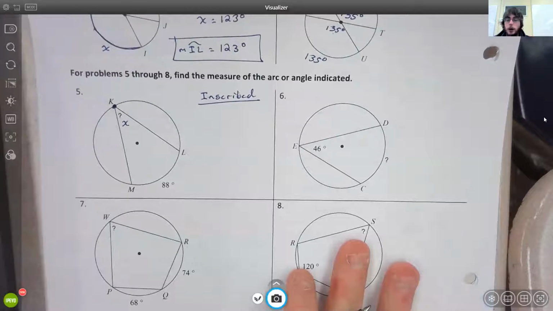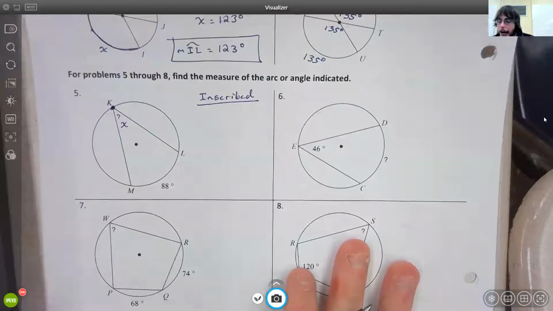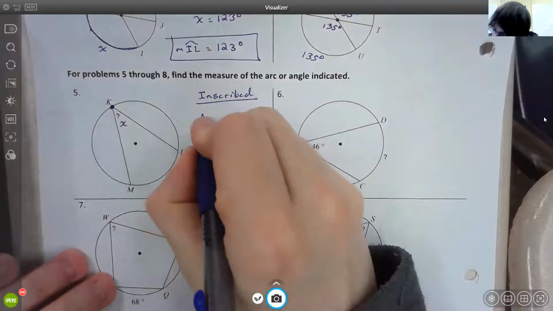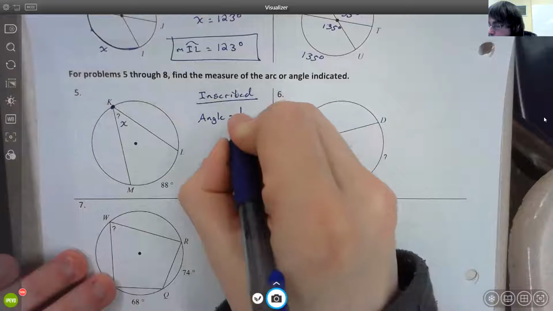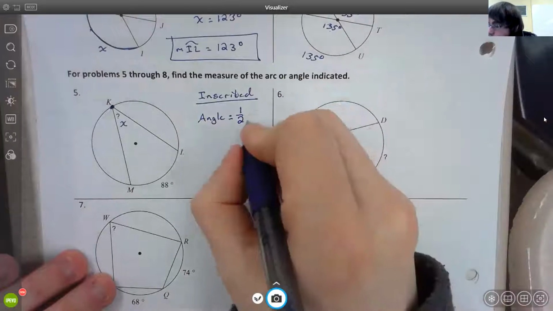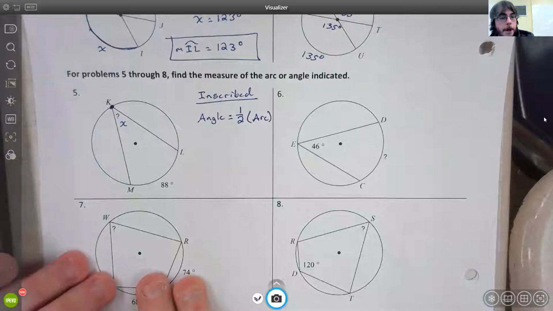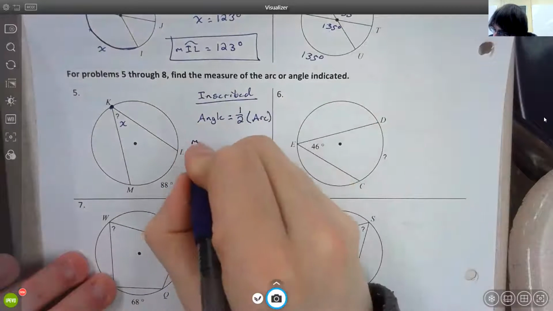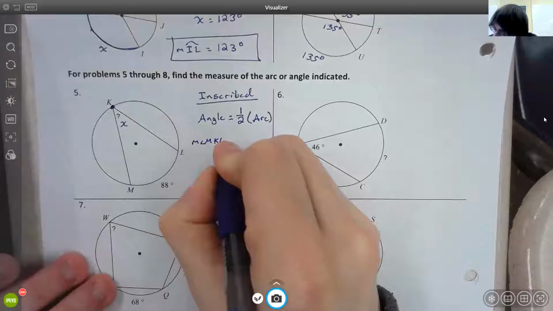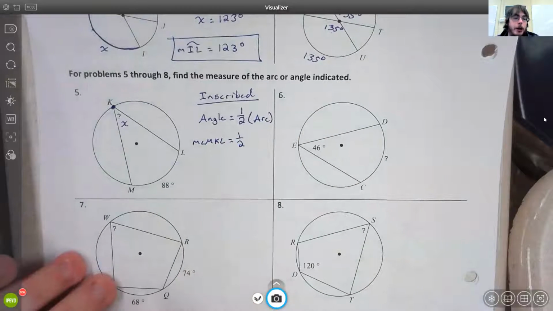Now, from our previous lesson, we talked about inscribed angles, and we said that the angle that was inscribed is 1/2 the measure of the arc. Okay, so we're looking for the measure of angle MKL, and we know it has to be 1/2 of the intercepted arc.